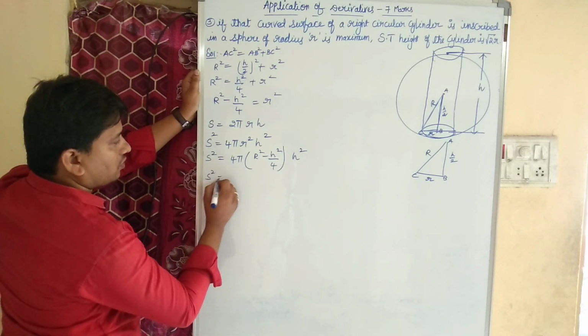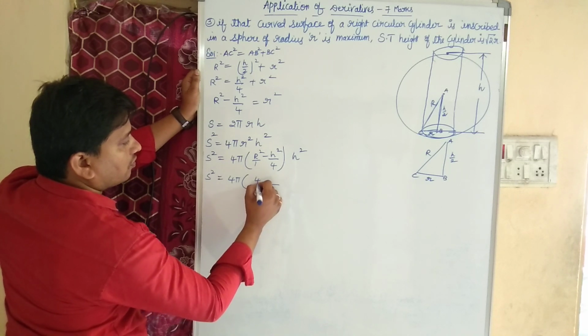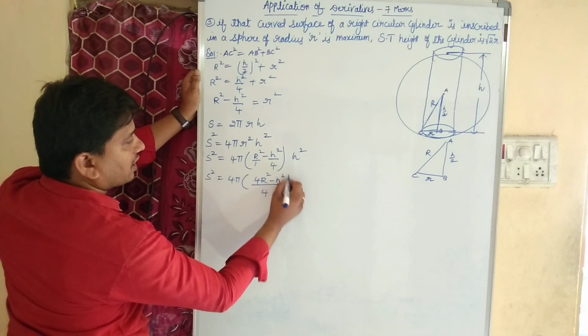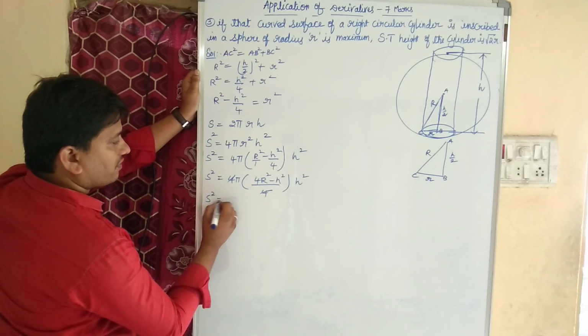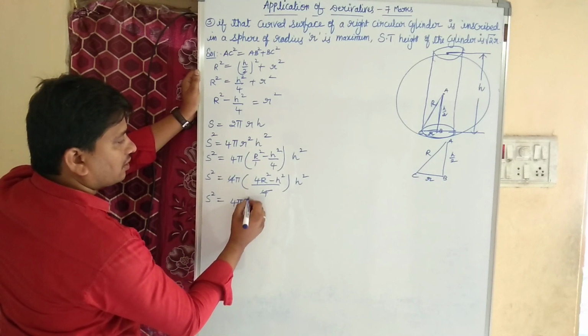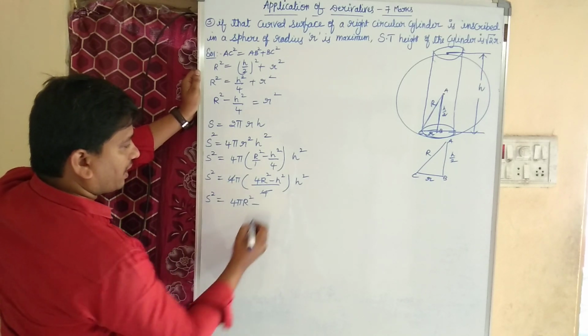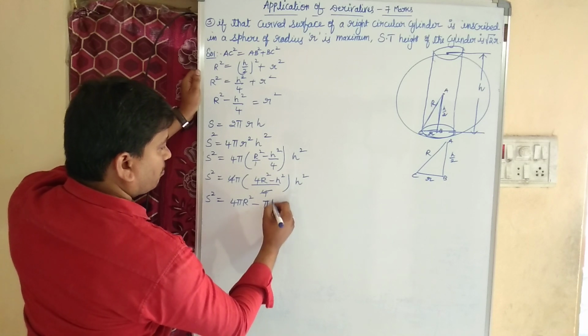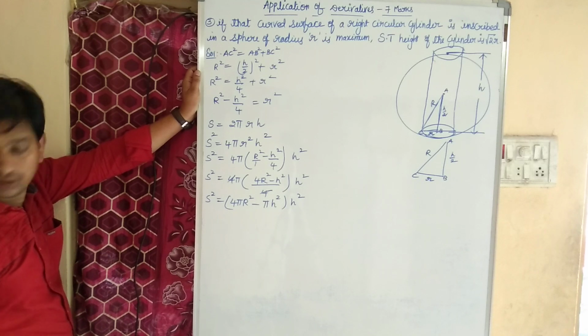So S square equal to 4 pi square into, LCM 4, capital R square minus h square into h square. 4 gets cancelled.